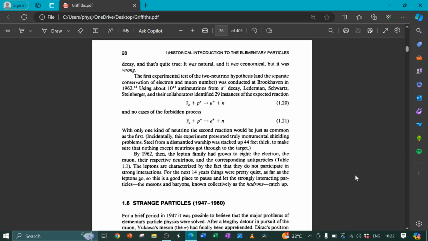With only one kind of neutrino, the second reaction would be just as common as the first.